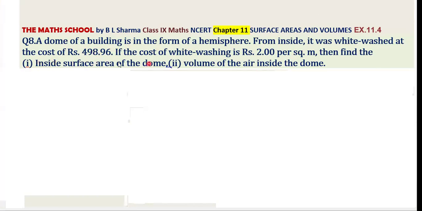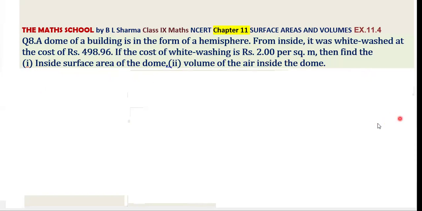It is also given that the cost of whitewashing is ₹2 per square meter. Then find what is to be calculated: inside surface area of dome and volume of the air inside the dome.